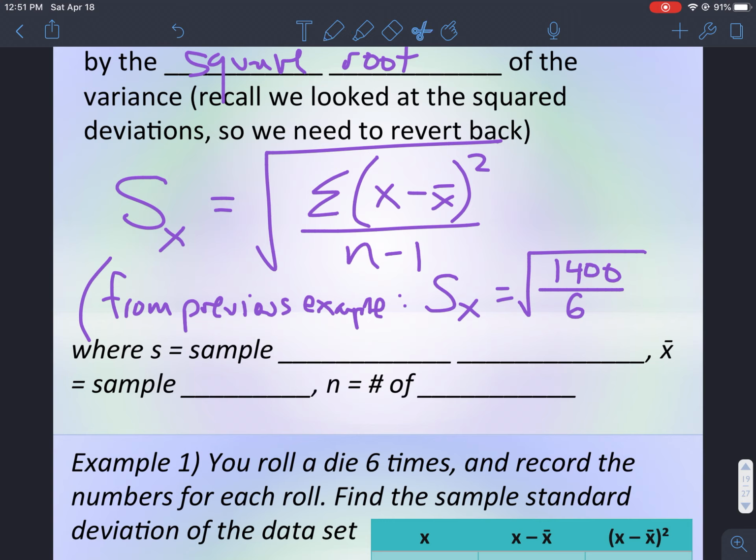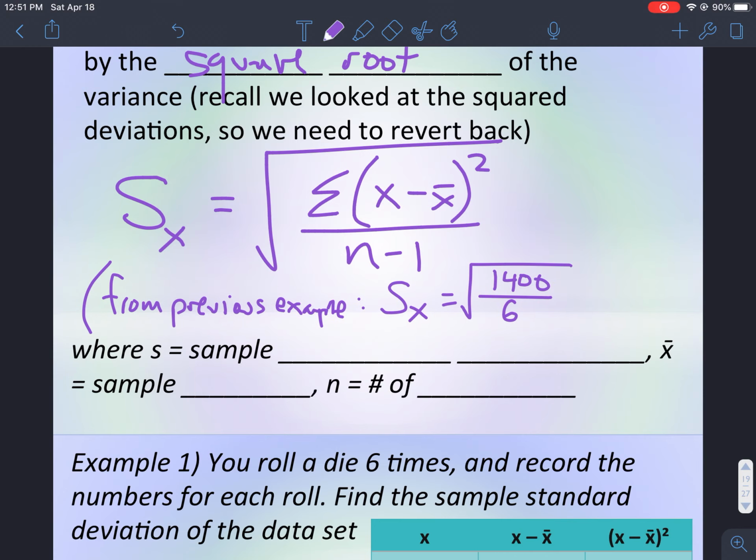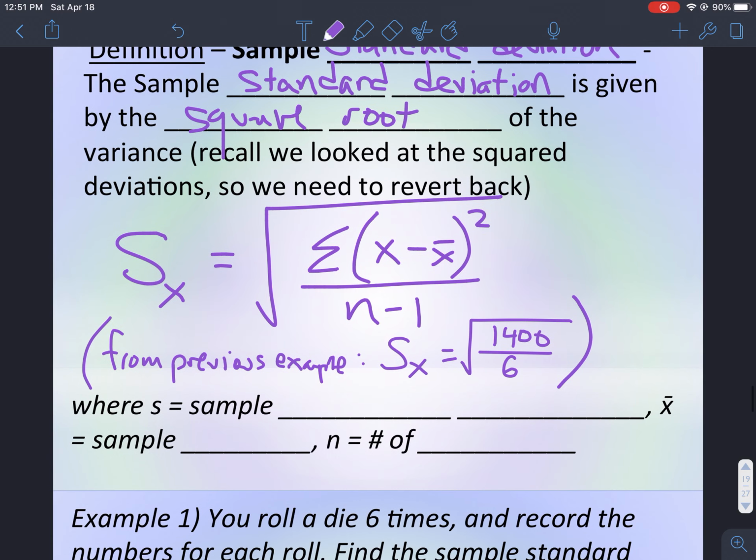All right, so this would turn into the square root of 1400 over 6, and you get some sort of decimal answer there. Okay, so we just did the first example of finding a sample standard deviation, where s is the sample standard deviation, x bar is the sample mean, and n is the number of values.